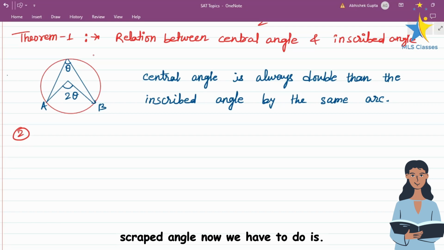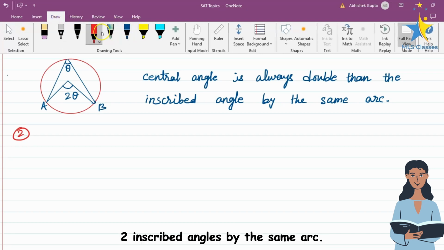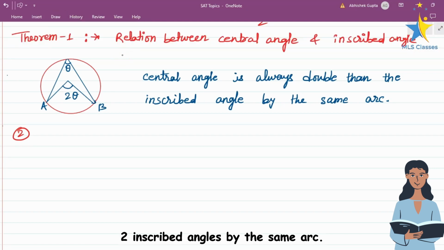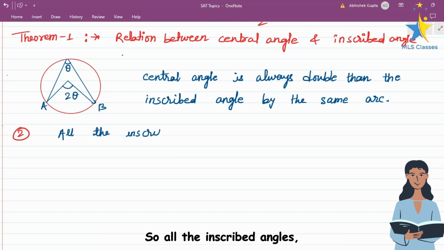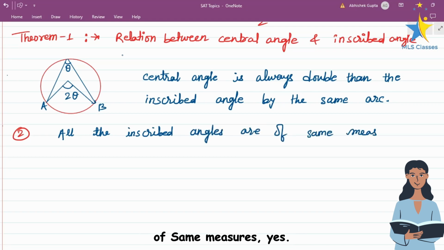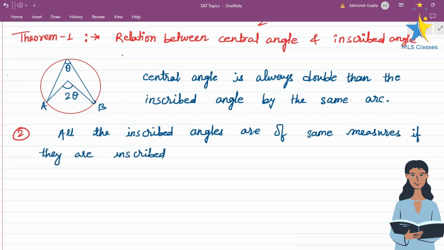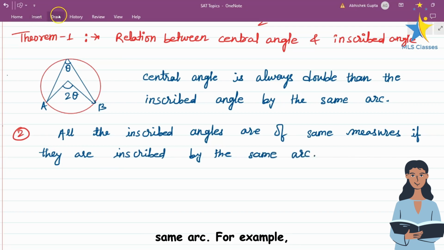Now number 2 is the relation between two inscribed angles by the same arc. I am writing the statement directly: all the inscribed angles are of the same measure if they are inscribed by the same arc.